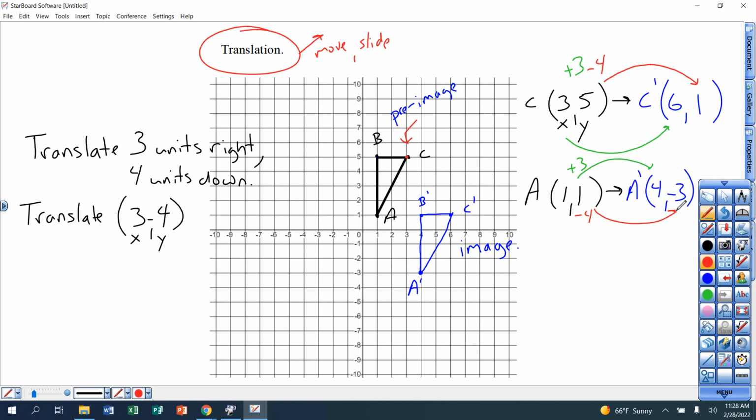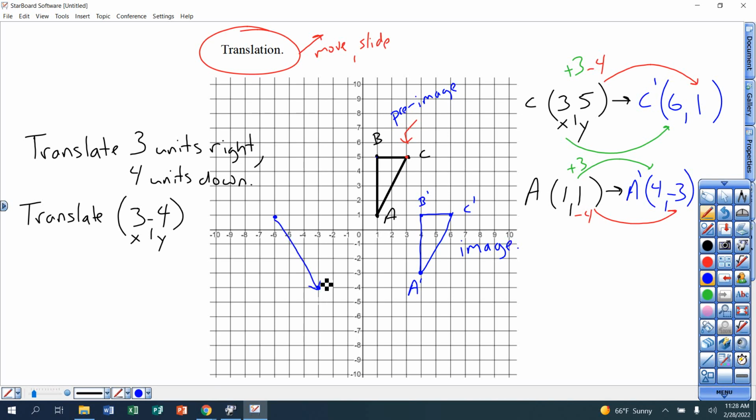All right, so again, please try to write this down best you can. I'm going to show you just one more thing. I could show a vector off in space that goes in that same over 3, down 4 direction.